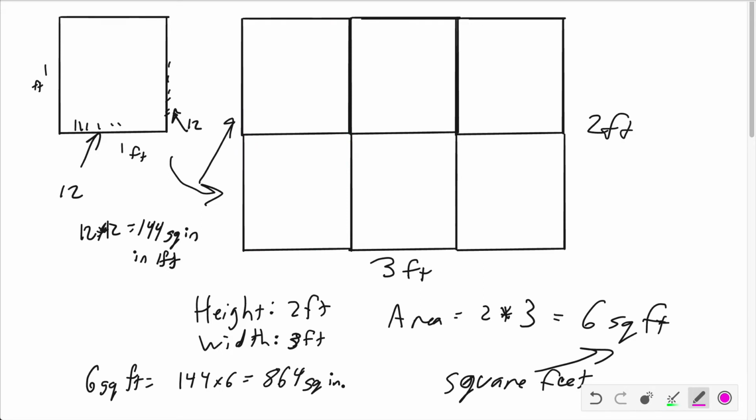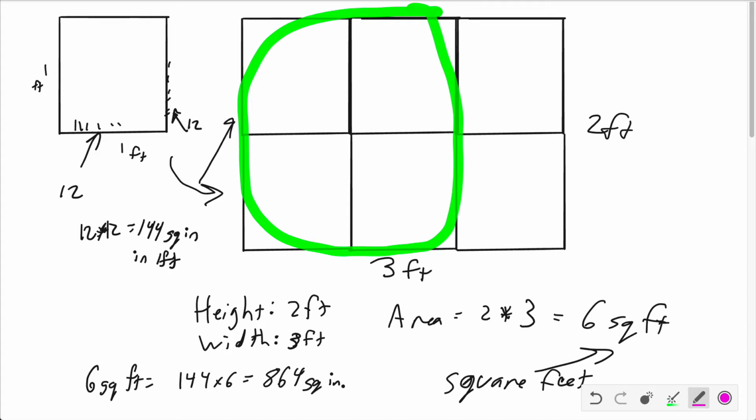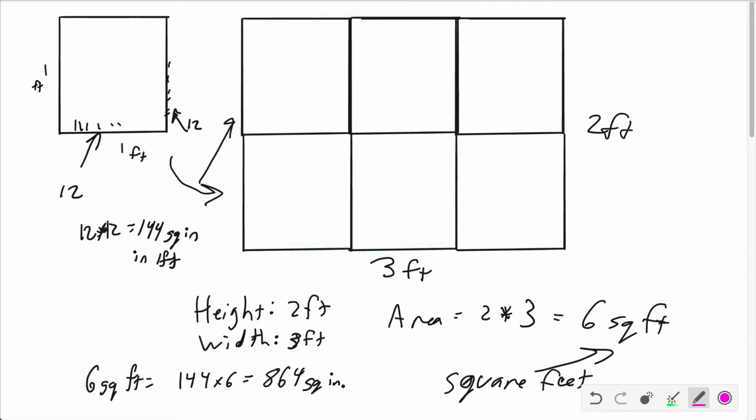So doubling the height doubles the area, doubling the width doubles the area. And if you double the height and the width, you get this, which is you quadruple the area, right? Because you got the 2 going left to right, and then you're doubling that height, so you get those extra 2. So double, quadruple.